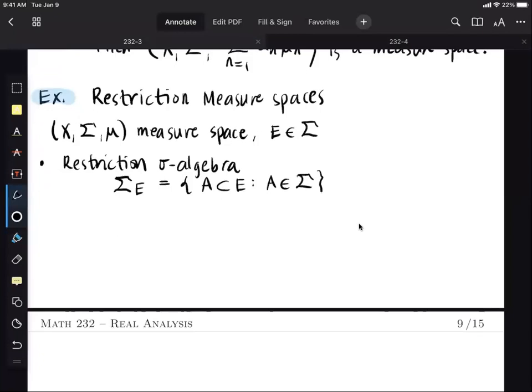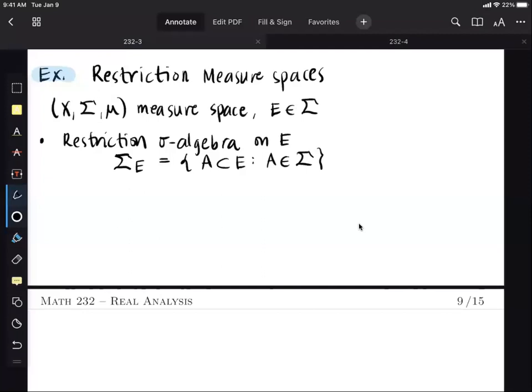In the previous lectures, we have mentioned that this is a sigma algebra on E, not on X, but on E. Then we define the restriction sigma algebra.